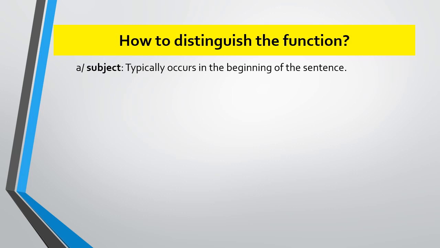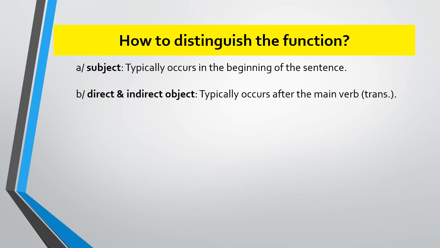Subject. When the nominal clause occurs as a subject, يعني in different types, whether it is a nominal relative clause, an ing, a to, that clause, etc., a subject typically occurs in the beginning of the sentence. In most cases, when we see it in the beginning of the sentence and preceding the verb, it is a subject, and I think that it is the easiest one to decide. Direct or indirect object.